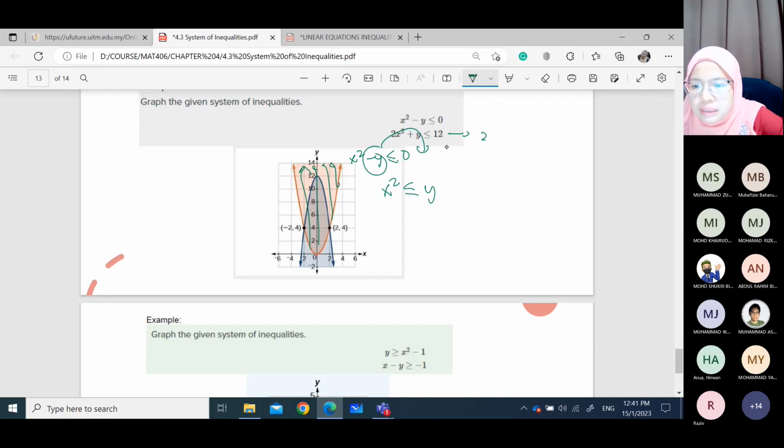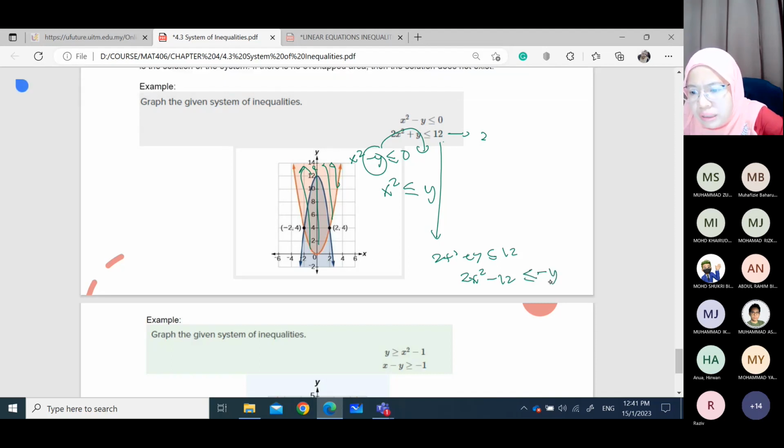Okay, and then number yang kedua yang ini, the region. Yang ini yang nombor 2 dia. So 2x squared plus y less than or equal to 12. So means that 2x squared, kita move y to the other side, yang ini kita bawa ke sebelah kiri. Negative 12 less than negative 2x squared, negative y. So sign ni bila ditukar, yang ini pun akan bertukar lah.